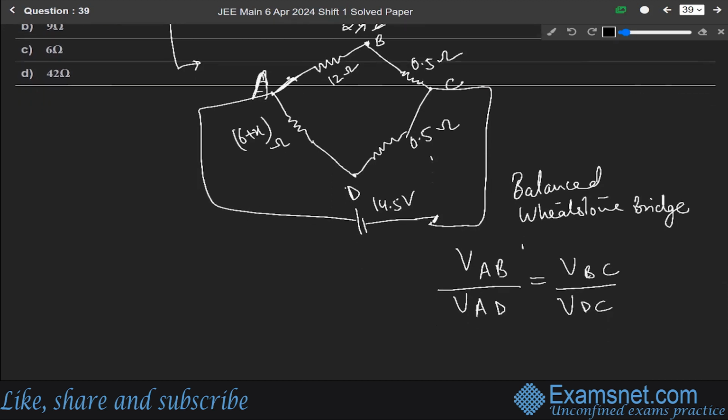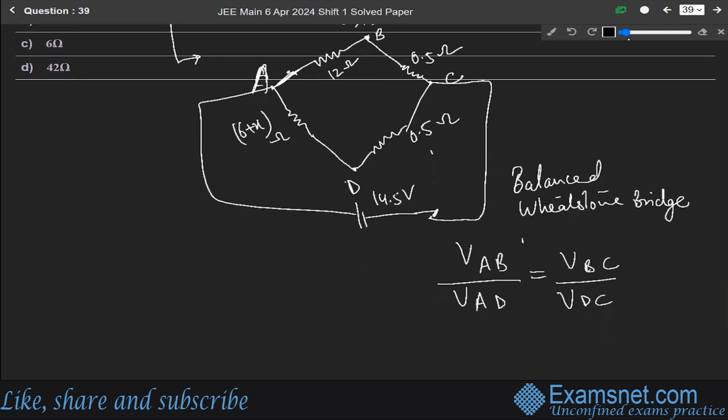Okay, so we can write for resistance also. So this will be 12 over 6 plus x must be equal to 0.5 over 0.5.